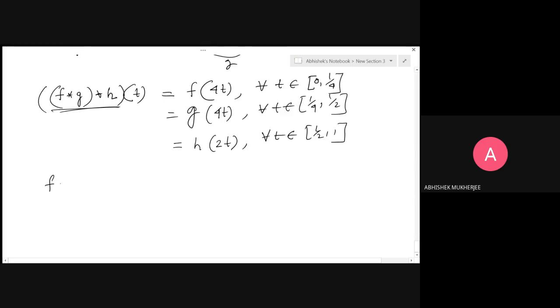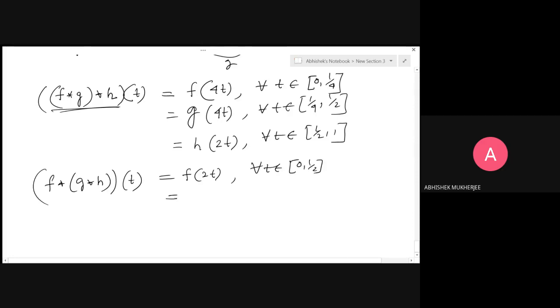Now the other one is (f star g) star h. Similarly to the above, we can define the first piece as f of 2t for all t belonging to 0, half.